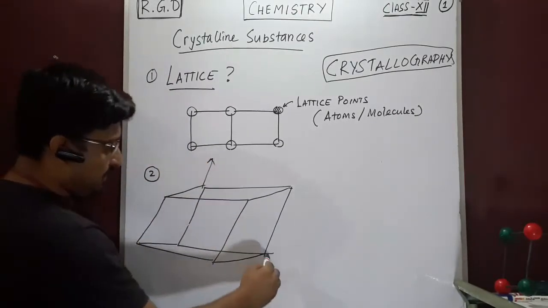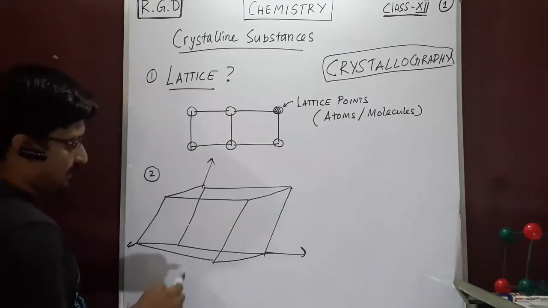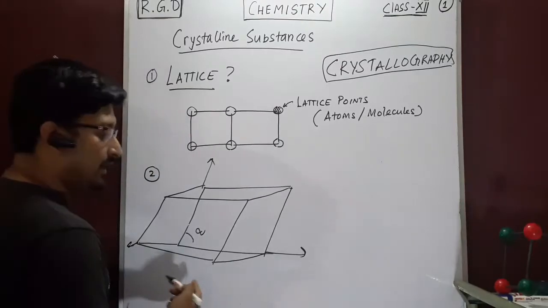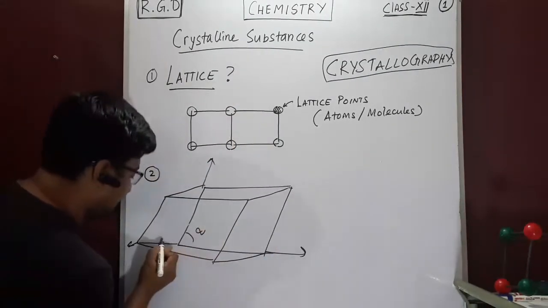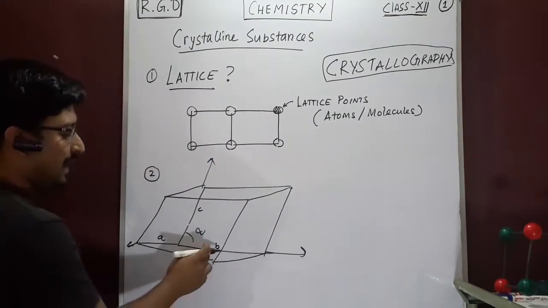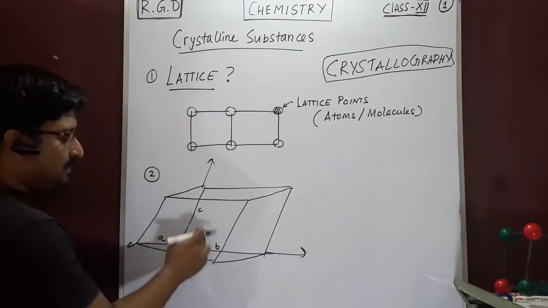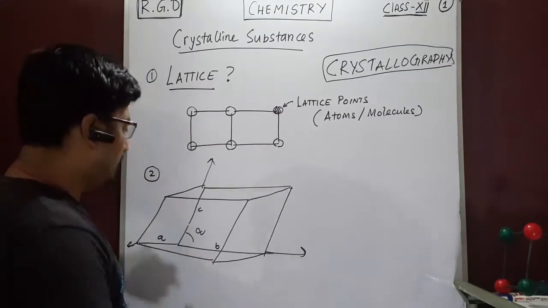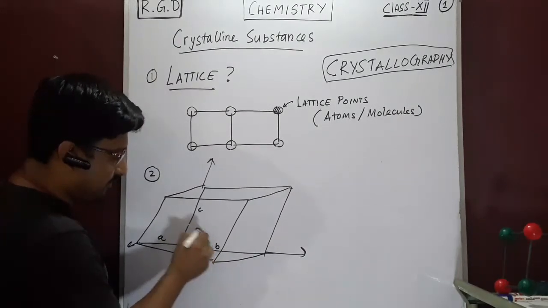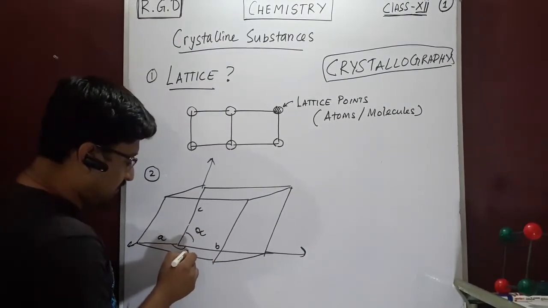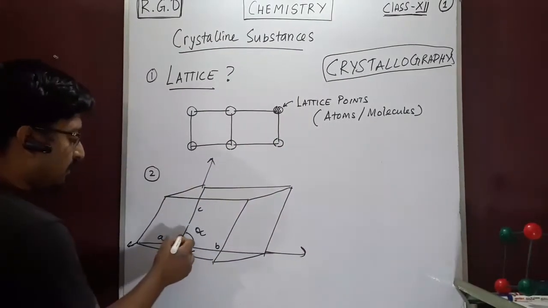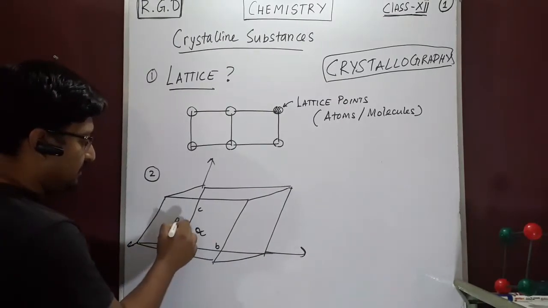Now, if I think in this way, this angle is your alpha. If I give the side lengths, this is A, this is B, this is C. A, B, C are basically the lengths of the edges. The angle between B and C is alpha, A and B is gamma, and A and C is beta.